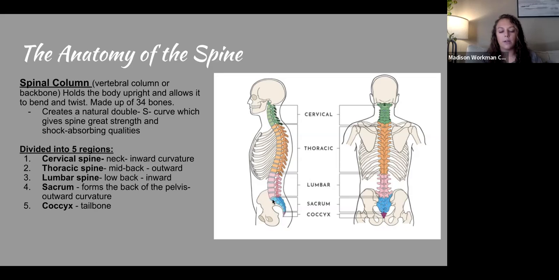And then you have your sacrum, which is that triangle shaped bone at the end of your spinal column, curves outwards, and then our coccyx or our tailbone. So these are the natural curves of each section, and you can see how it helps one shock absorb to hold us upright from the back, the other side.